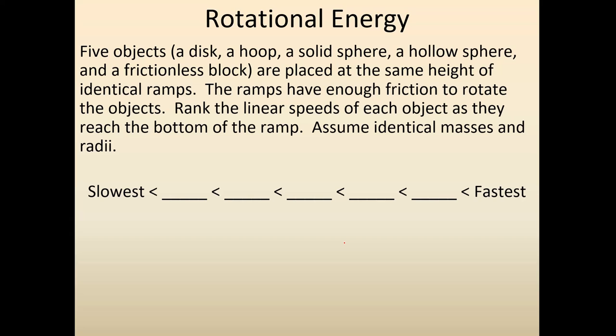All right, so once again, we had this question and we're dropping the objects down the ramp. This time we're dropping 5 different objects: a disc, a hoop, a solid sphere, a hollow sphere, and a frictionless block. And we want to know the rankings of their speeds as they get down. So once again, we want to think, what's the difference?